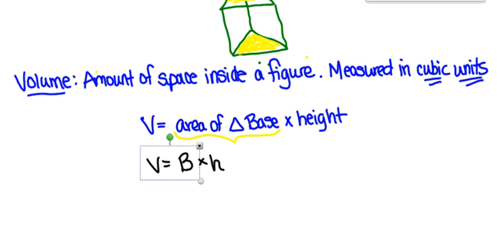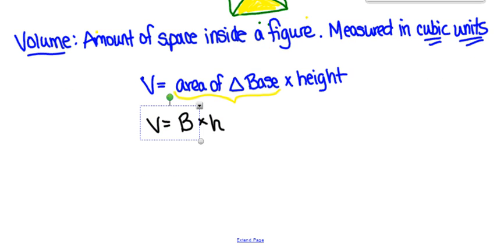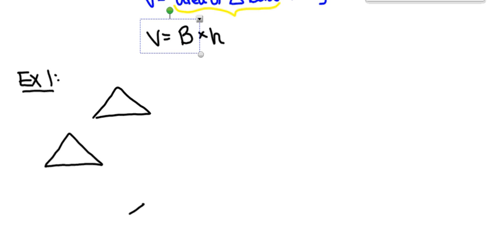And I know that you're dying to get started here, so let's look at an example of how we would find the volume of a triangular prism. So I'm going to call this example 1. And our goal is going to be to find the volume. I'm going to start with this nice little triangular prism. So there's my two triangular bases. I always start by drawing those bases.